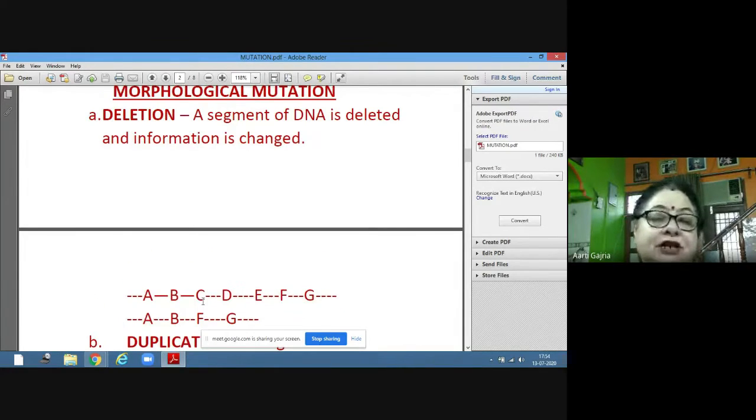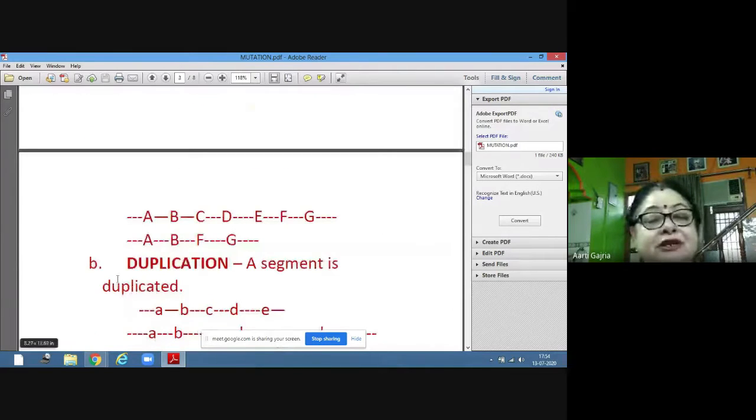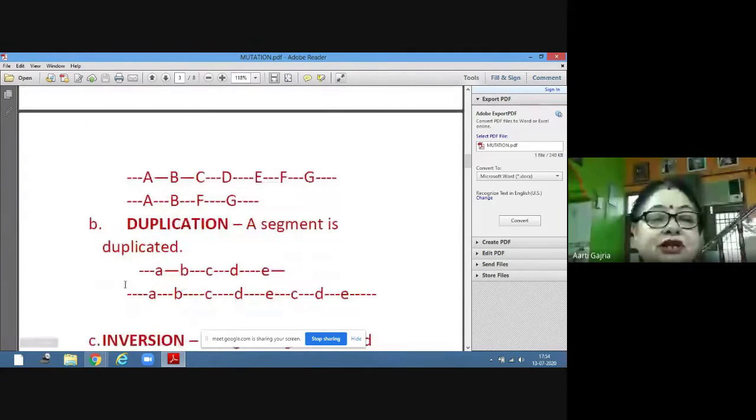Now, another thing which can happen is duplication. In this, the segment is duplicated. For example, the original sequence is A, B, C, D, and E. Now, what will happen here? The segment C, D, E is duplicated.